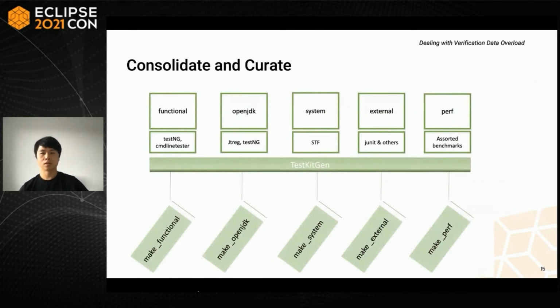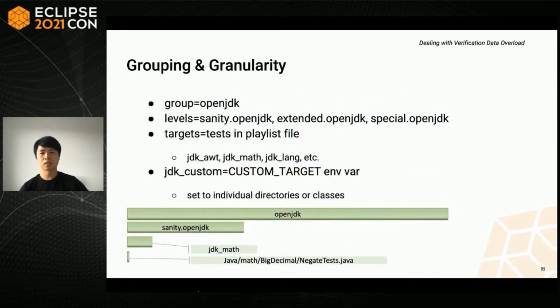As you can see, our scope is quite large and complex, but our solution is simple. It is a test framework called TestKgen. We often call it TKG for short. It can be viewed as a mid-layer that consolidates and curates different test materials and makes them a common feel to the developers. We use an XML file called playlist to define different test targets. Each test folder has a playlist.